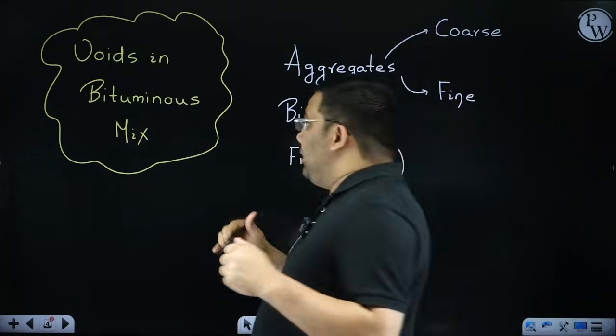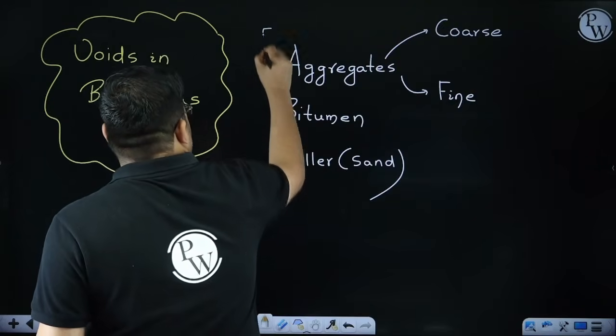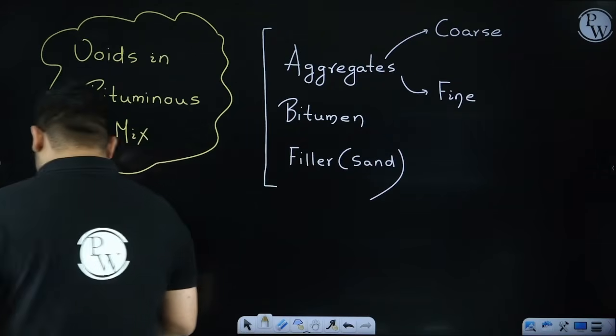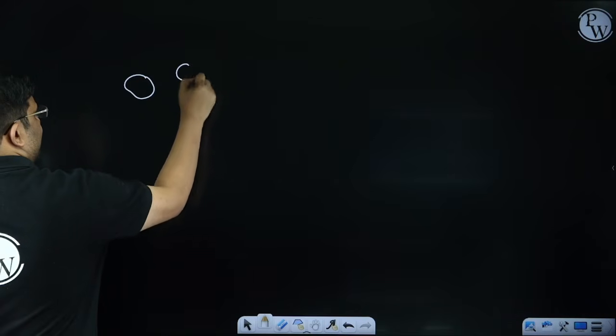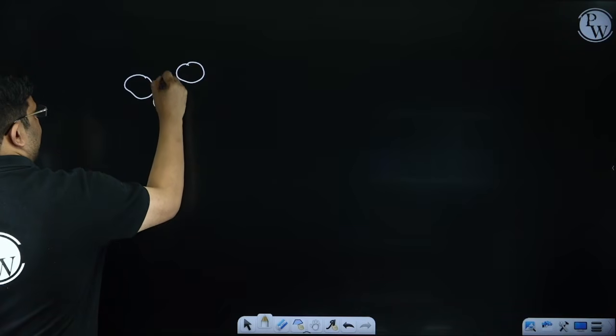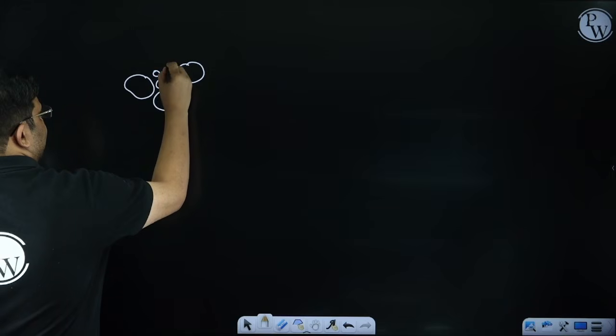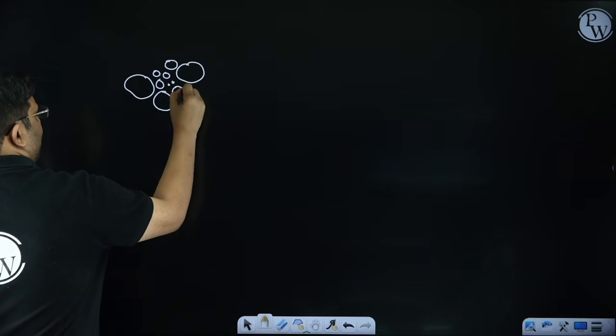Now voids in bituminous mix. If you are seeing this mix, there are aggregates, suppose coarse aggregates, and some small fine aggregates, and then there is sand, which is very small.